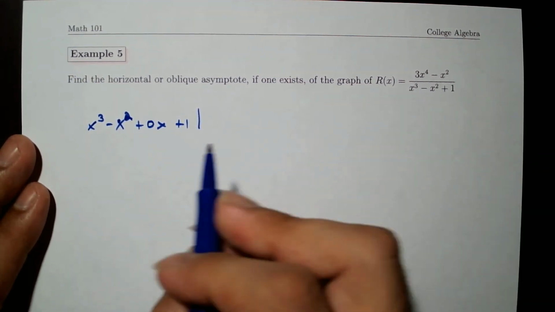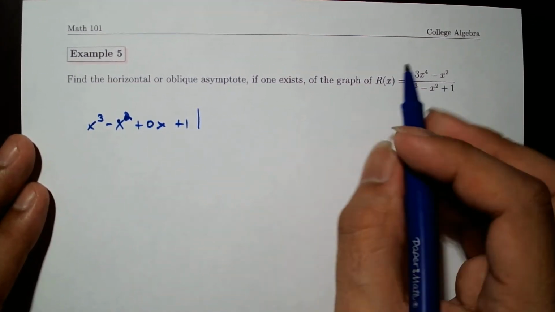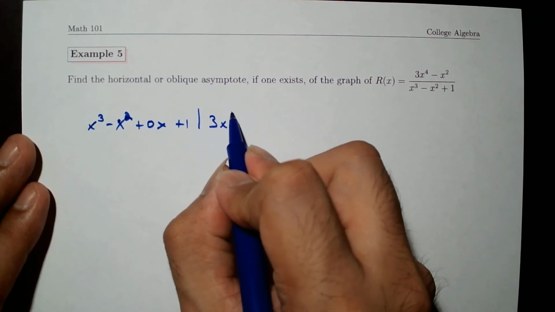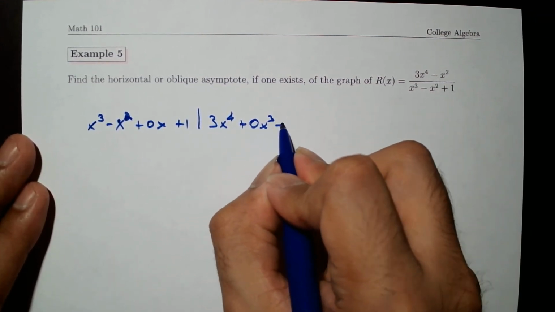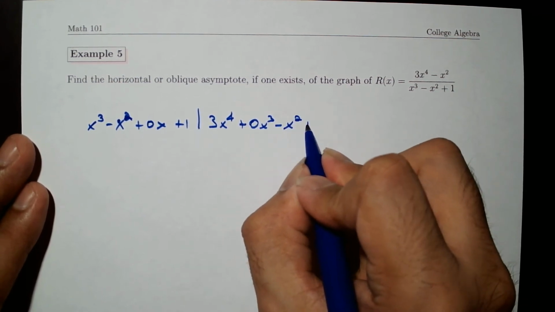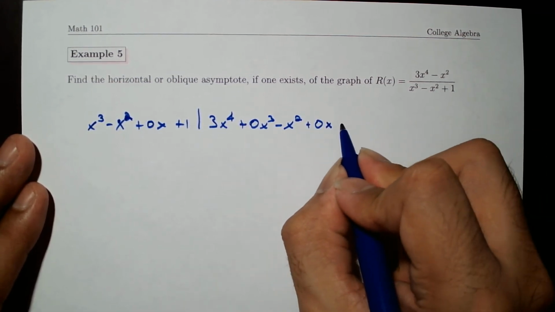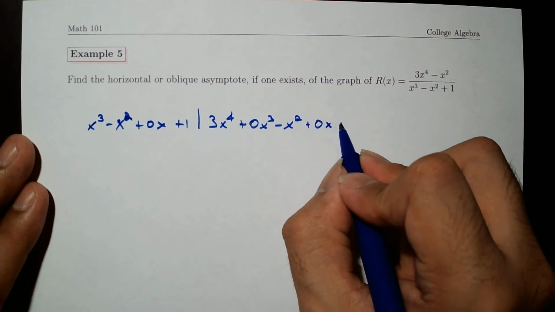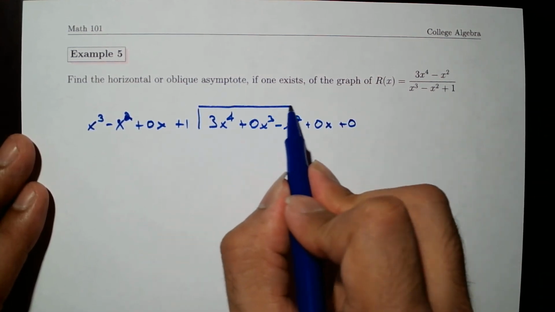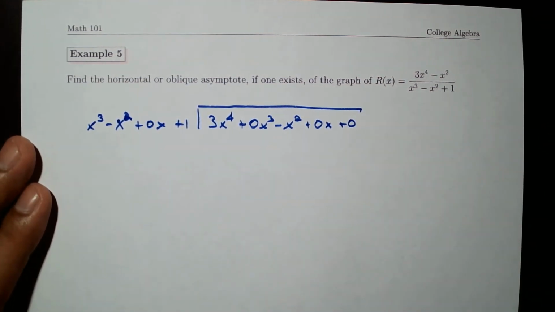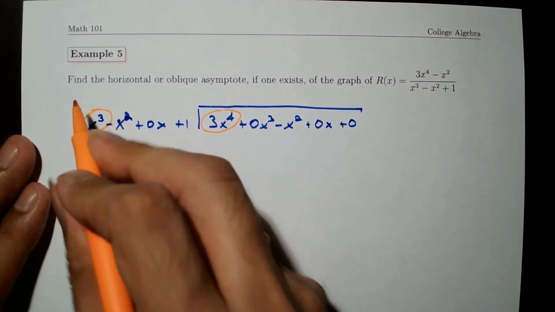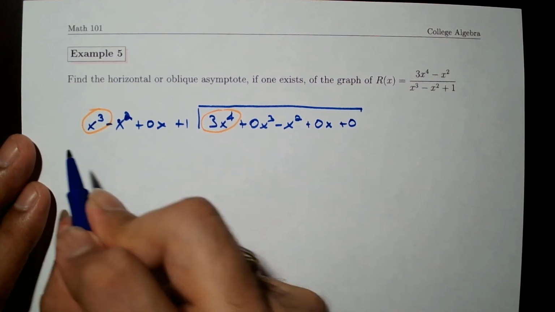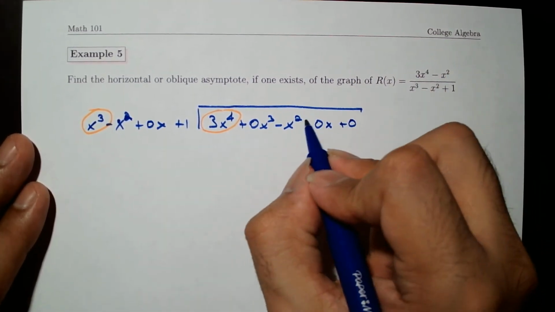And then inside of the division box, I'm going to have 3x to the fourth plus 0x cubed minus x squared plus 0x plus 0. Okay, so let's divide leading over leading. 3x to the 4 divided by x cubed, that's going to give me 3x.